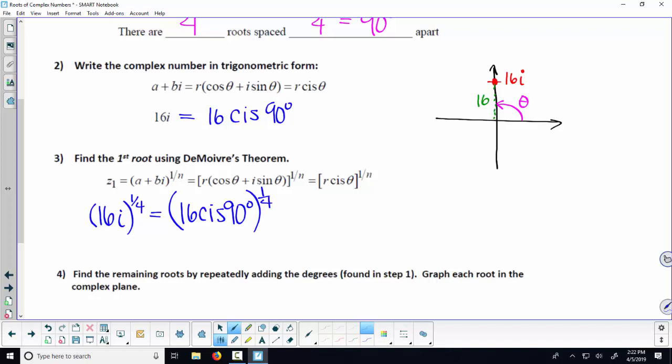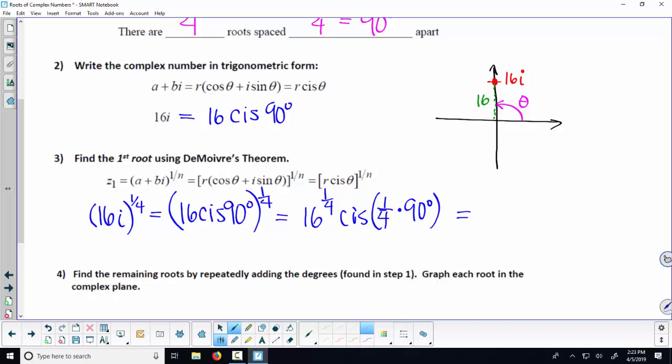De Moivre's theorem, remember, tells us how to raise a complex number in trig form to a power. And if you recall, we do the r, or the distance, to the 1/4 power, and we take the angle and we multiply by 1/4. And that is going to be our first root.